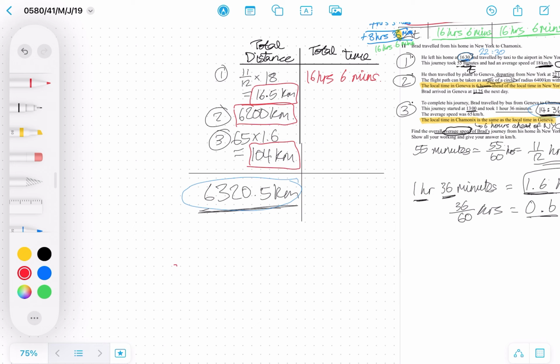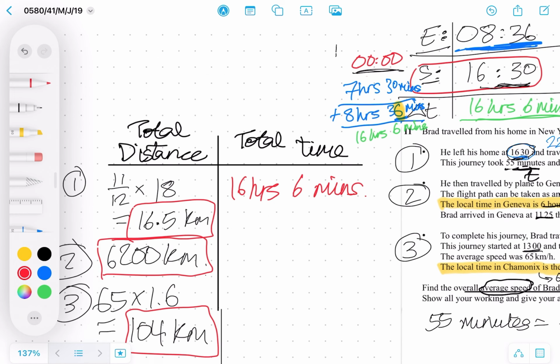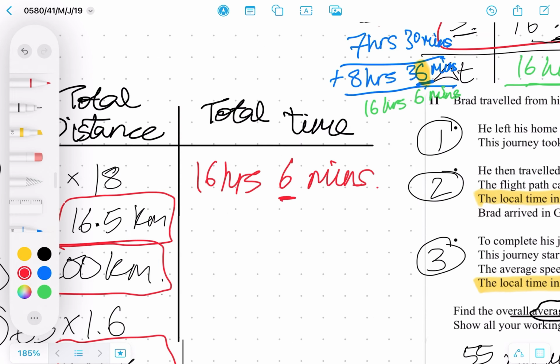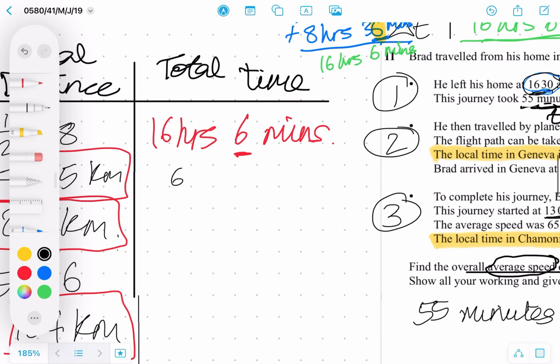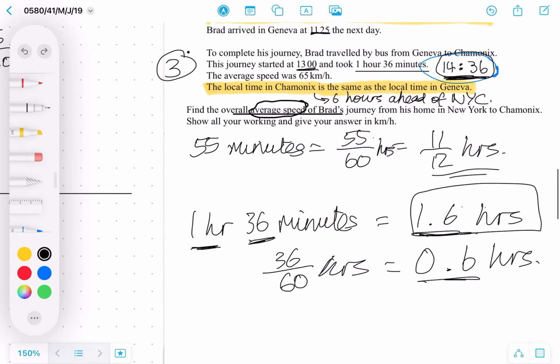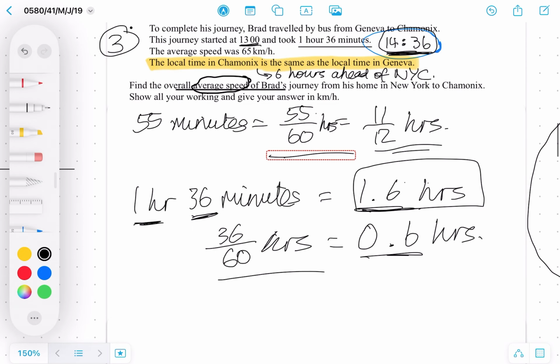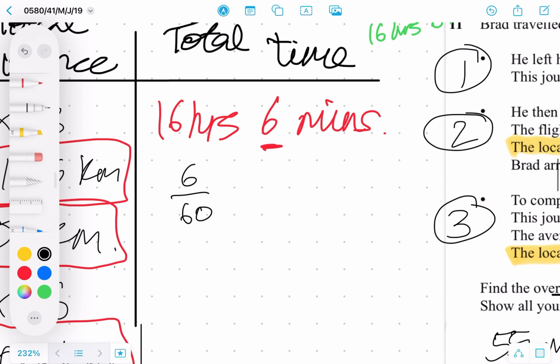Therefore, his overall speed is equal to total distance divided by total time. And remember, we need to convert this to a decimal to be able to work. So 6 minutes in hours is 6 divided by 60, the same as we've done here, converting from minutes to hours, which would give us 0.1 hours.